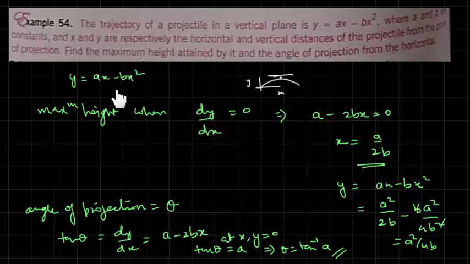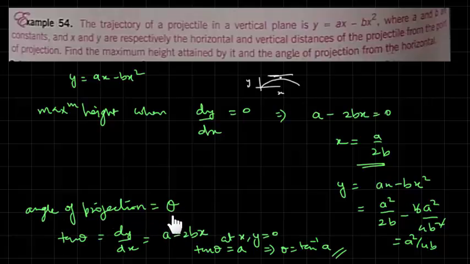So this is not a kind of projectile, so we cannot use our formulas which we used for the projectiles here. So this is just a path of a particle which follows this equation. If you remember, in the trajectory of the projectile there are terms of tan theta and all, so they are not there, so this is not a case of projectile.